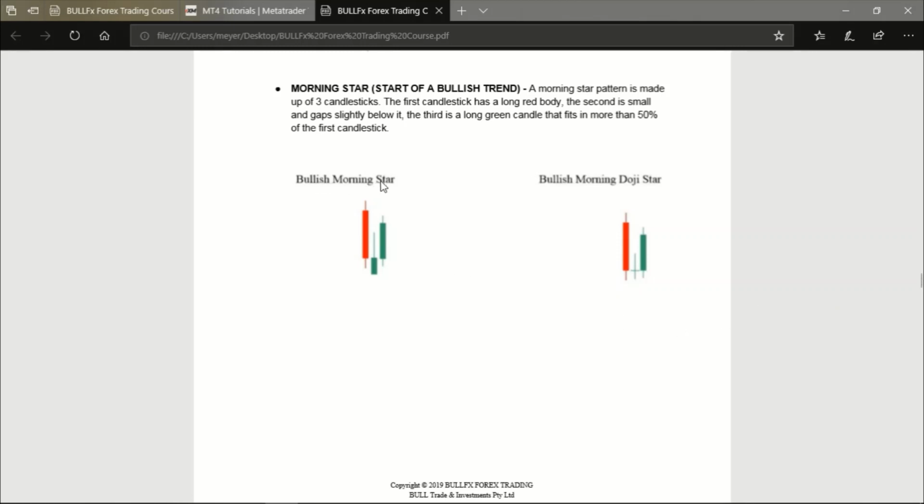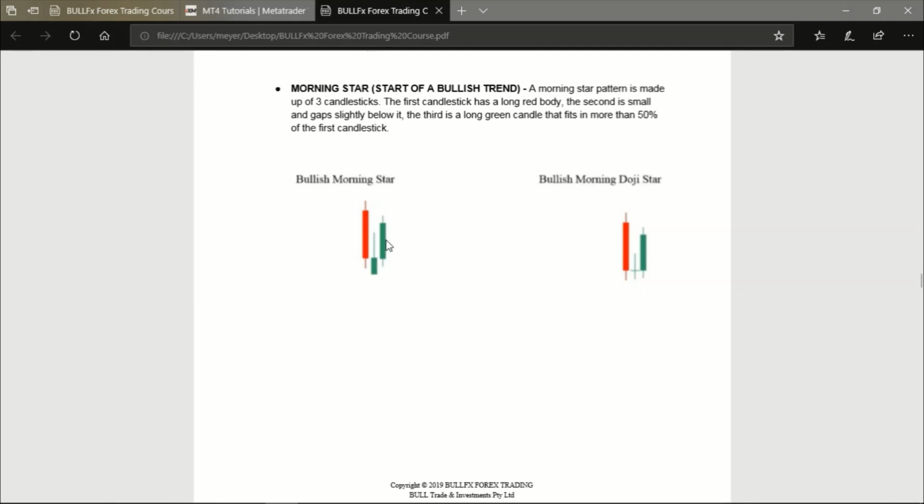So over here we've got a bullish morning star, the three candlestick pattern. It shows that the market was coming down by this long red candlestick over here. We then have a hammer candlestick which forms in the middle, followed by a long green candlestick.